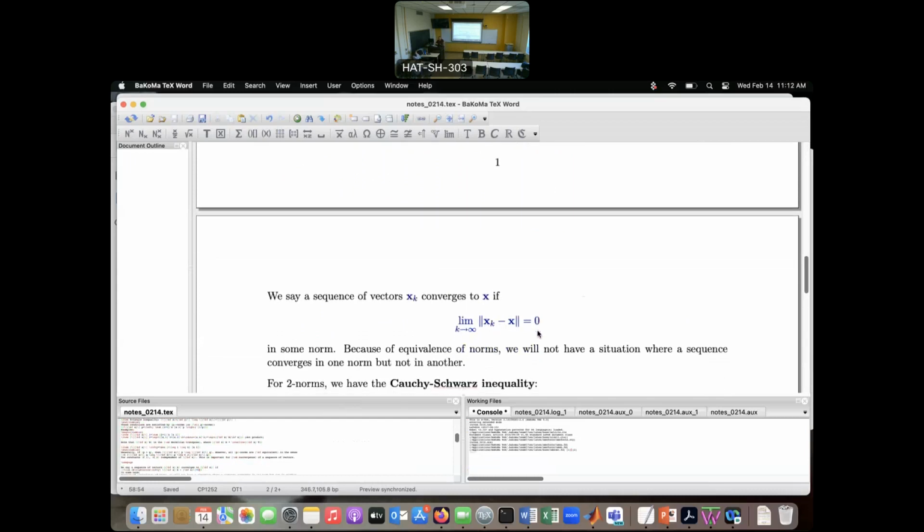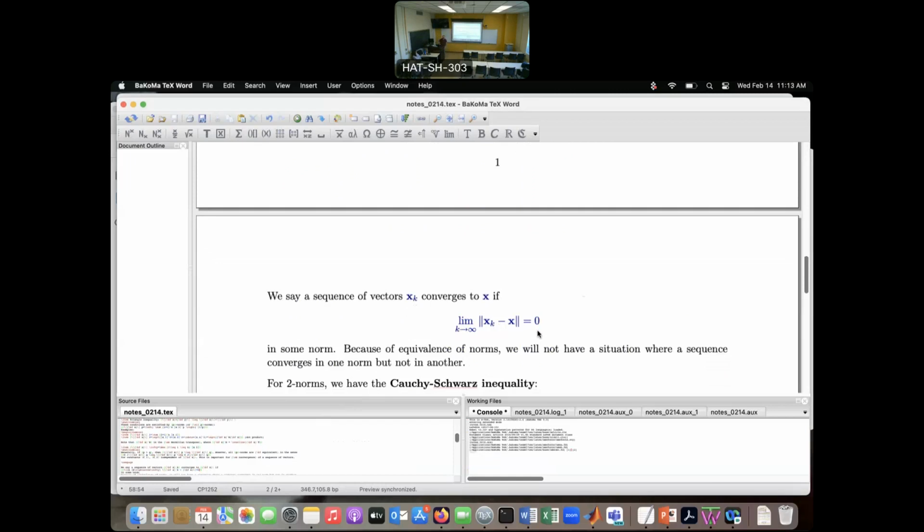Now, I don't have to specify what norm it is because they're all equivalent. So if I know that a sequence of vectors converges, and let's say I prove it converges in the one norm, then I know automatically it's going to converge to the same limit in all the other p norms. Any norm that the one norm is equivalent to.